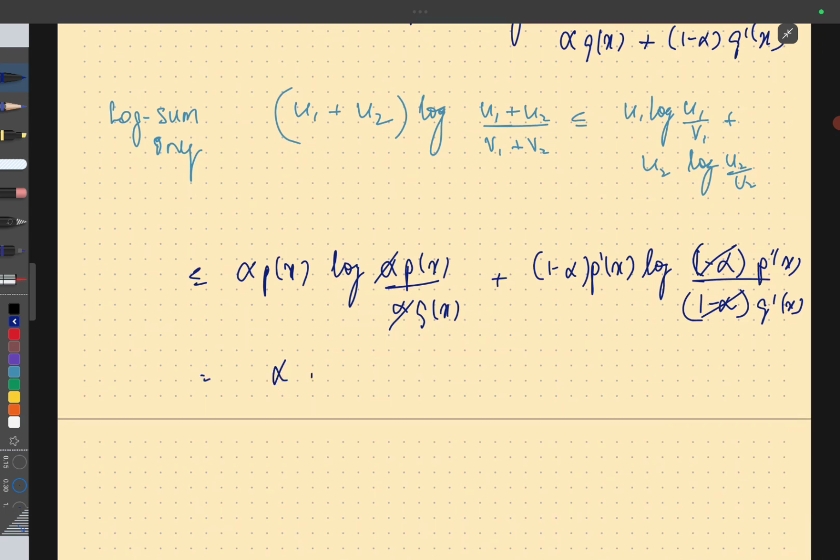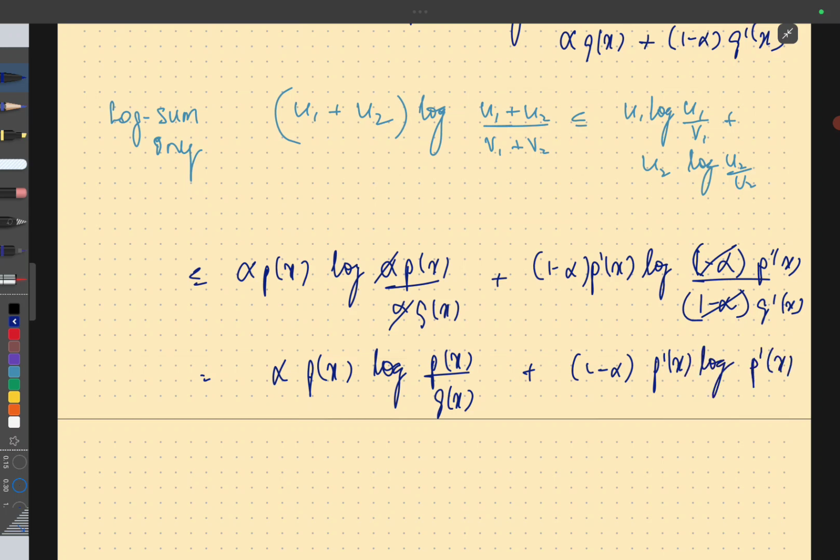Right, so this is equal to alpha times p of x log p of x by q of x plus 1 minus alpha times p prime of x log p prime of x by q prime of x.